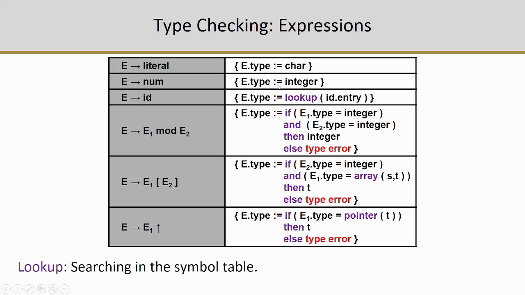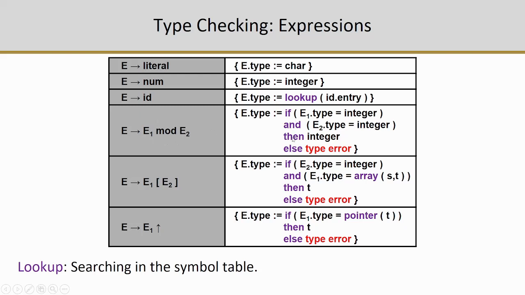So at this point, we can call the symbol table by function lookup, find the actual entry of the identifier, which can result the type. So practically it means that we are searching in the symbol table for the type of a certain identifier. And if we have an arithmetic expression like modulo, then we consider that, for example, in this case, integers are at both sides of the modulo.